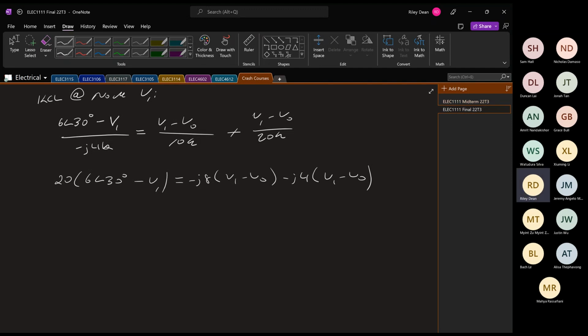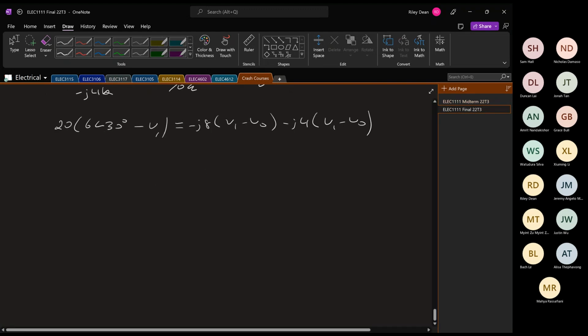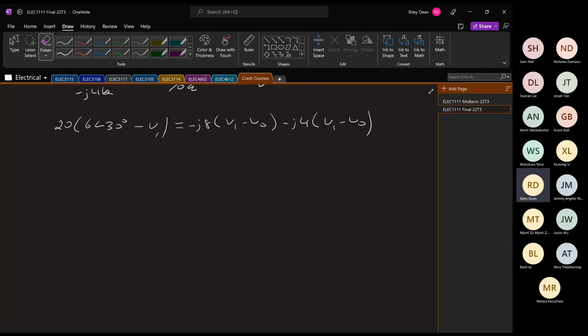From there, what they do in the solution, I believe, is they divide the 20 back, which is doable. But I'll just do it that way for consistency. Minus J.